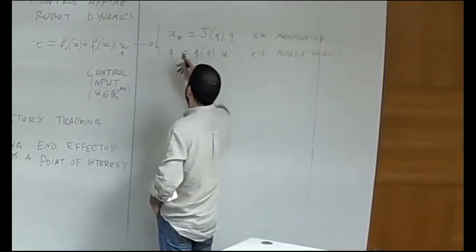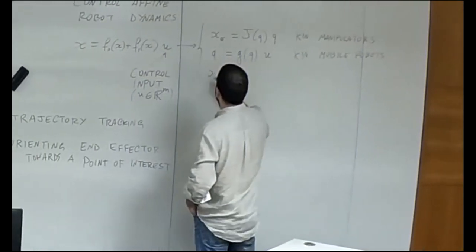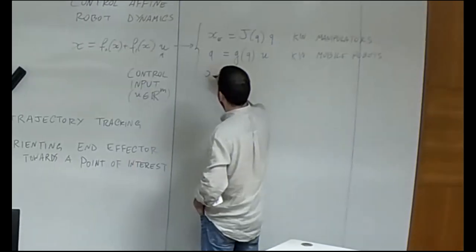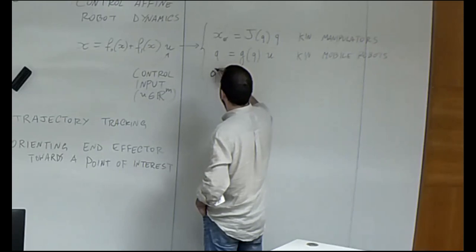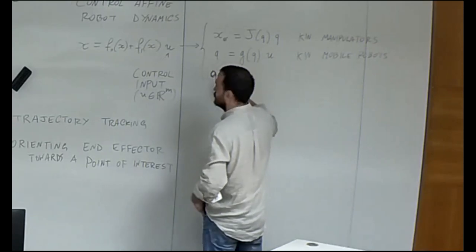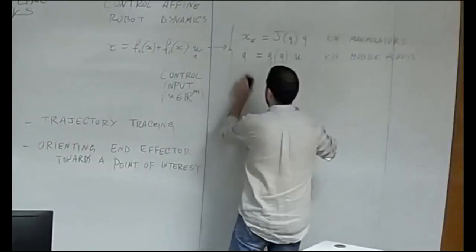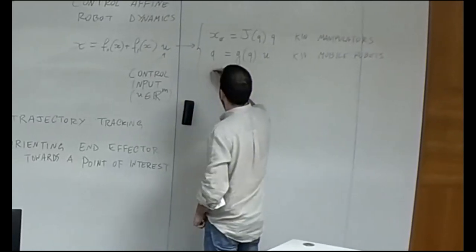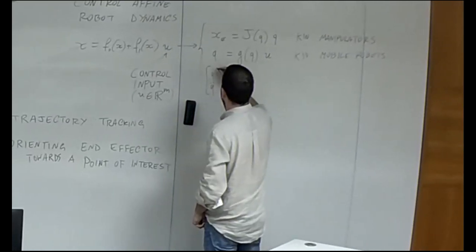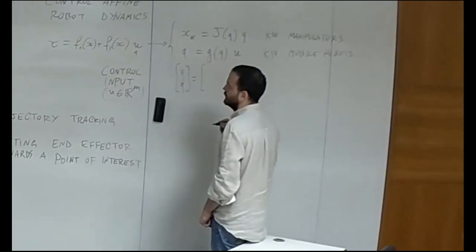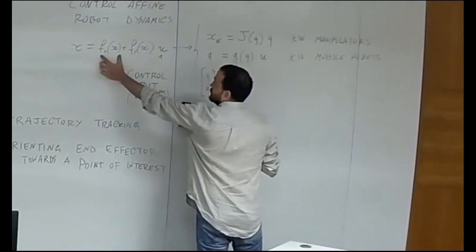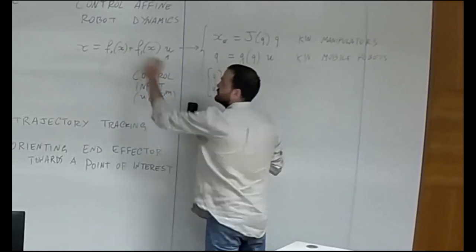And then we said also the dynamic model of manipulators can be expressed. In that case, we didn't see it, but I have that in the notes. That is a little bit more complicated, and it also has this f0 term.